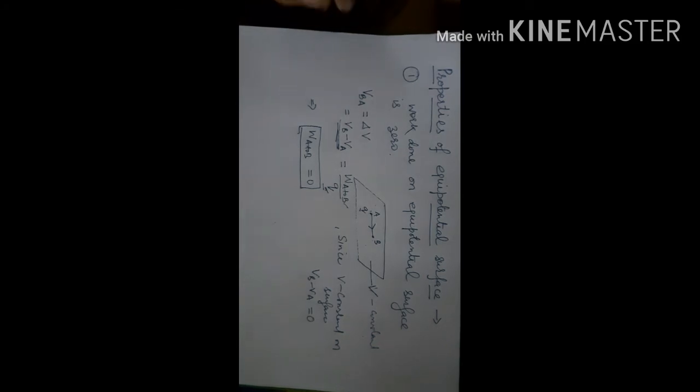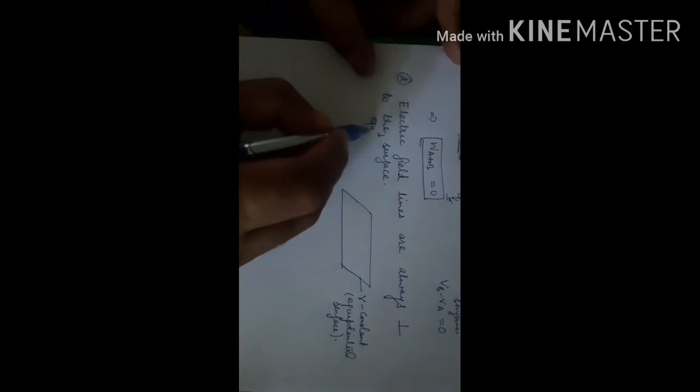Now let us discuss the second property. The electric field lines are always perpendicular to the equipotential surface. For this, I have taken an equipotential surface where V is constant at each and every point on the surface.